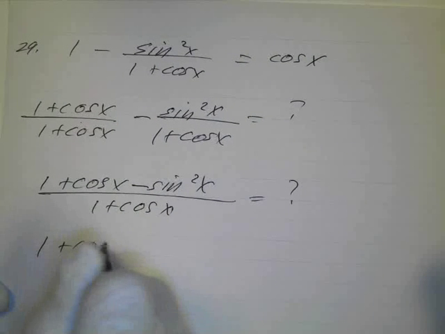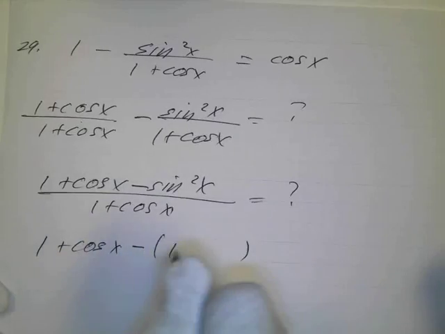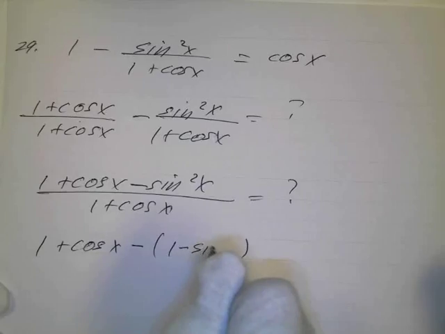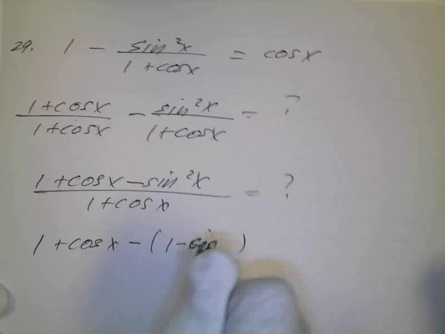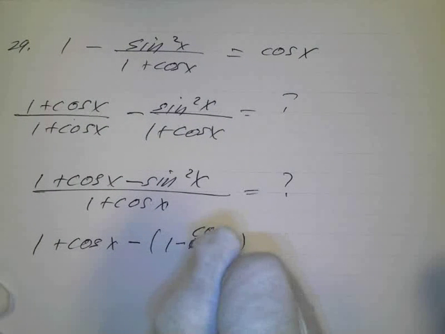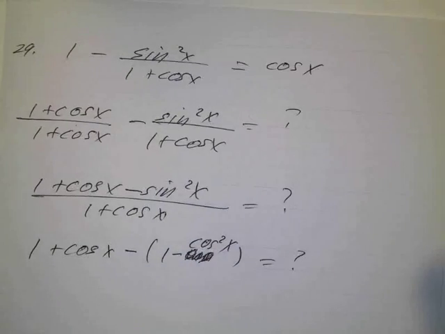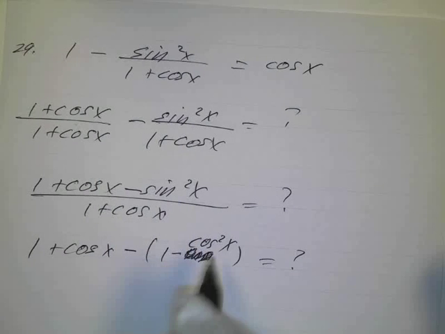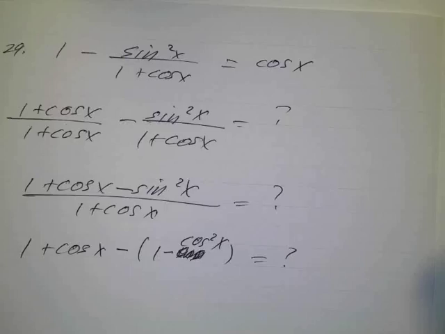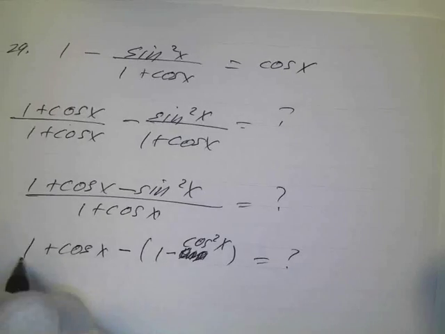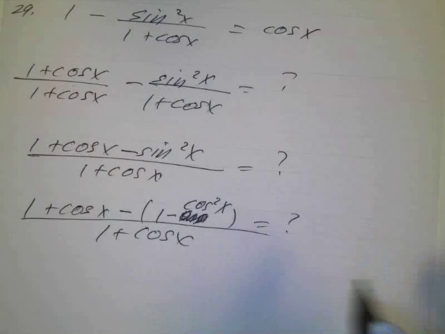So I'm going to substitute that in. I'll say 1 plus the cosine of x minus, and that's going to be 1 minus the cosine squared of x, all over my good old denominator, 1 plus the cosine of x.